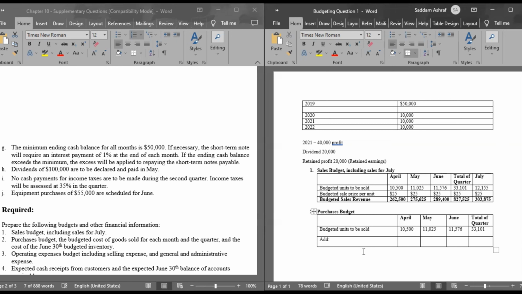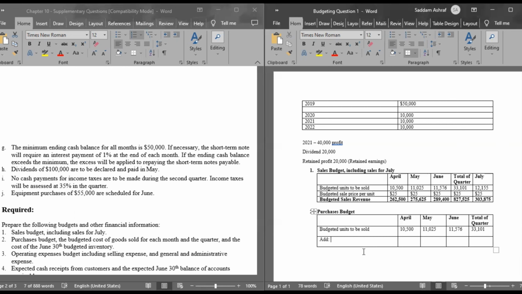Let's take an example: if you are doing a trading business and your business is to purchase some material and sell that material to your customers, then obviously your purchases will be based on sales. If you are selling too many units, then you have to purchase many units. If you are selling just a small quantity, then you have to purchase a small quantity.